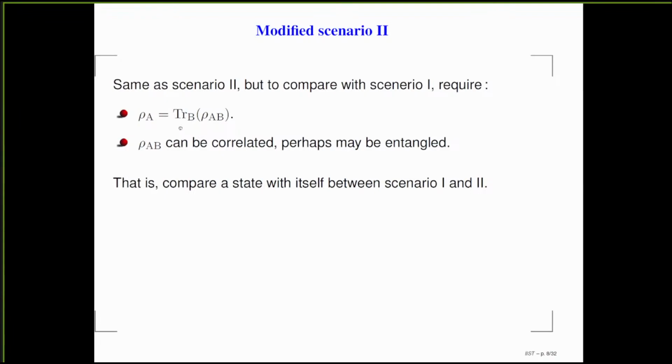That means in scenario 1, rho A, which is trace B of rho AB, is used. In scenario 2, rho AB itself is used. And we can have rho AB to be quote unquote quantum correlated, maybe entangled. In this manner, the advantage is that we compare a state with itself between scenario 1 and 2. So this is the definition which we will be using in whatever follows. Okay, so now let us continue to the next slide.